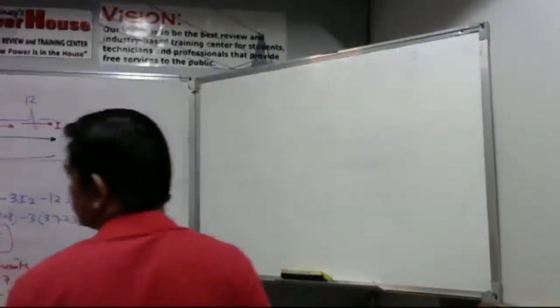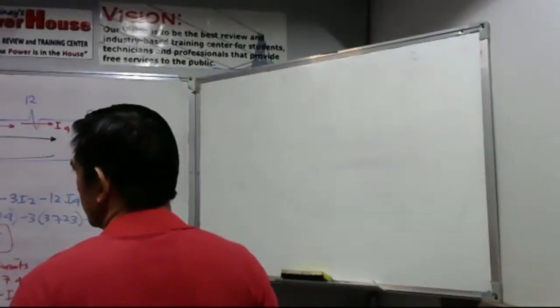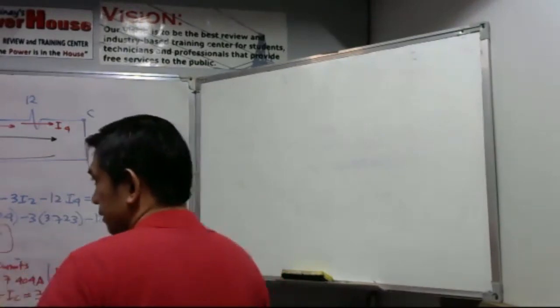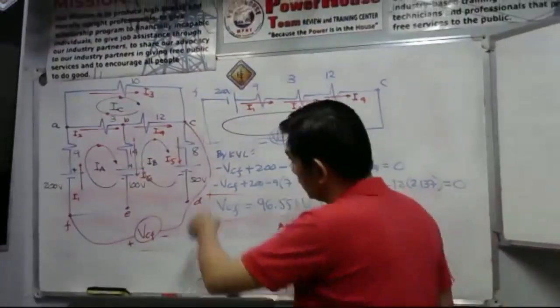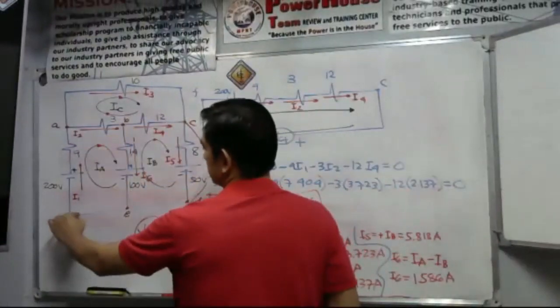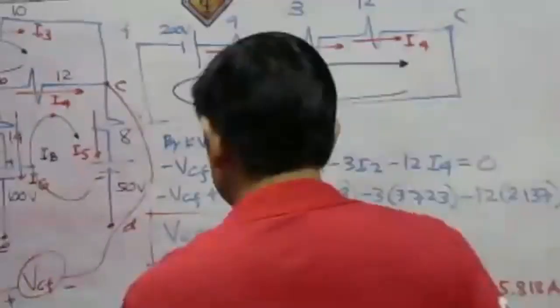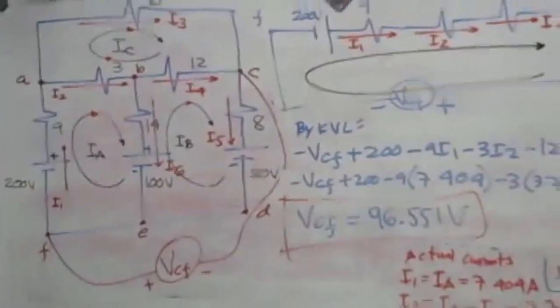Okay, guys, I will show this to you. Let us have a circuit tracing here. I'll show you the last circuit tracing. I'll start with point F or point E, just the same.